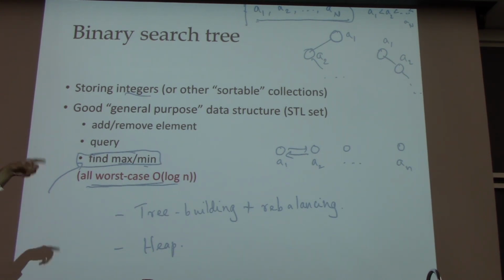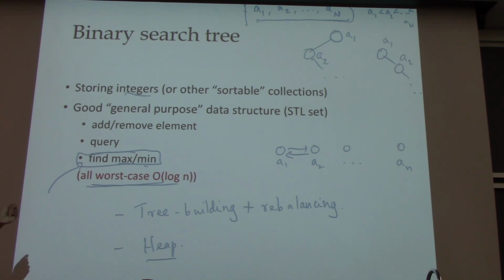And you can also do searching and stuff. Let's not go into that, but this is another well-known data structure. But the point I want to make is that depending on the algorithm in which you are using this data structure, you may want to come up with a smarter structure itself.